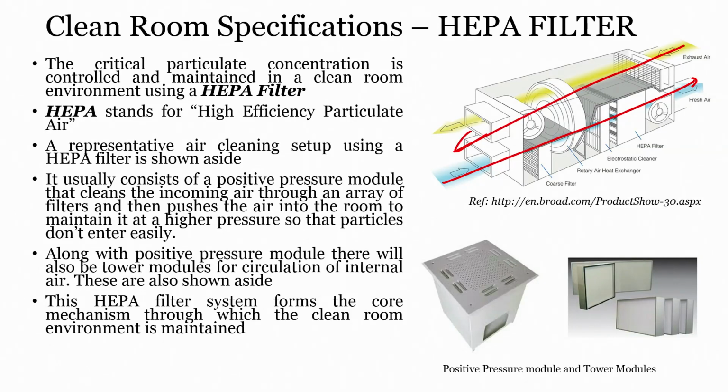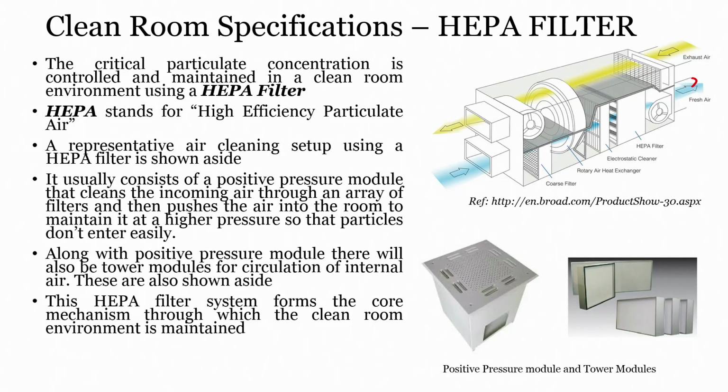There is a positive pressure module and there are tower modules. A representative air cleaning setup is shown here, right. It usually consists of a positive pressure module that cleans the incoming air, and an array of filters that then pushes the air into the room and maintains it at a higher pressure, so that particles do not easily enter, right.